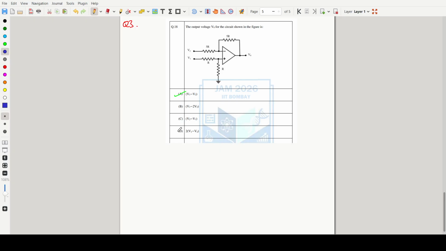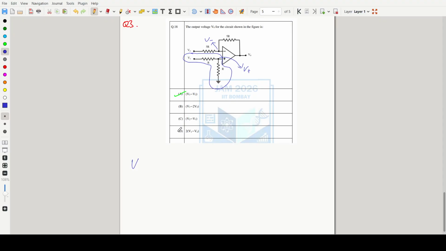If you notice this branch, I will use the voltage divider rule. This node here has voltage V plus, and at this node the voltage is V minus.